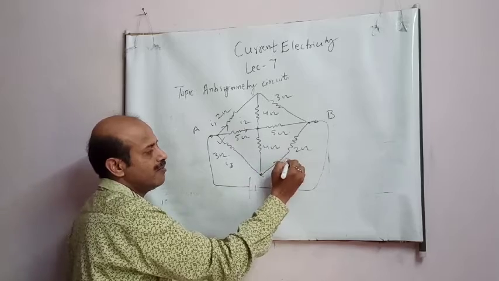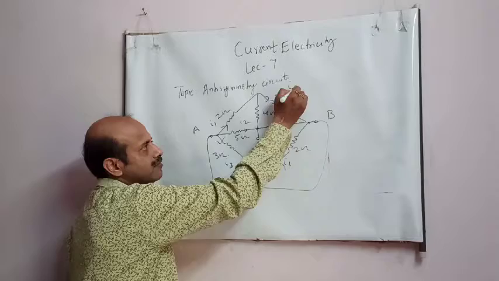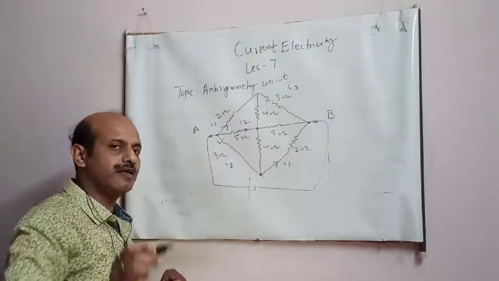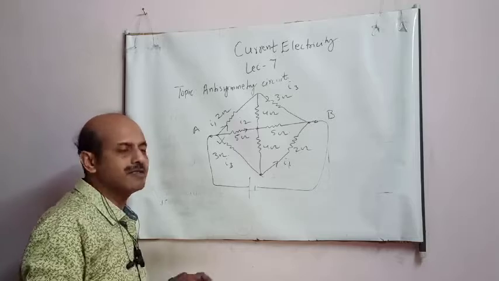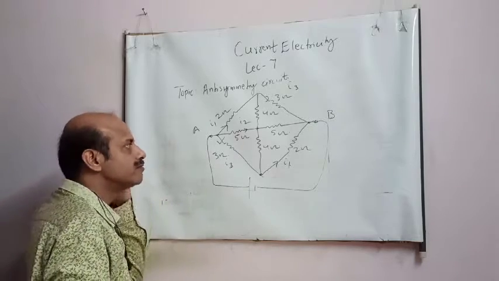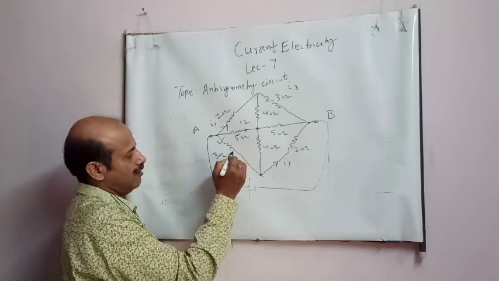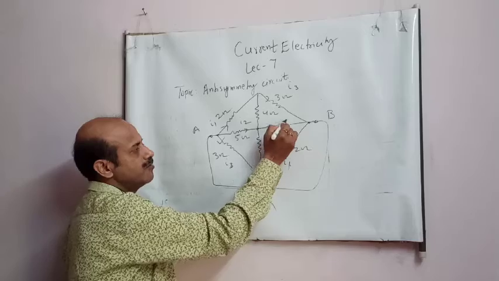Here the current will be I1. This is I3, here current will be I3. You can, student, solve it and check it. The current will be same. I am applying directly that rule, okay? So in competitive exam or in exam directly you can apply, so that time will be saved. This is I2, so this is also I2.